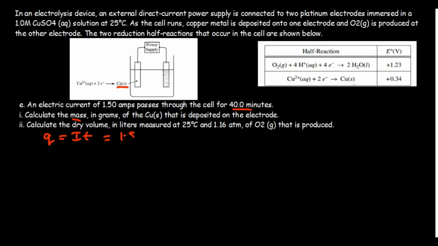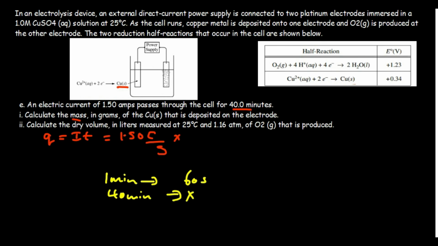I said it is current multiplied by time. Amps is the same as coulomb per second. Remember, current is a rate of flow of charge. And then time, we also need to ensure it's in seconds so that we can just get coulomb as a result. So 40 minutes. In a minute, you've got 60 seconds. So how about in 40 minutes? How many seconds are you going to have?